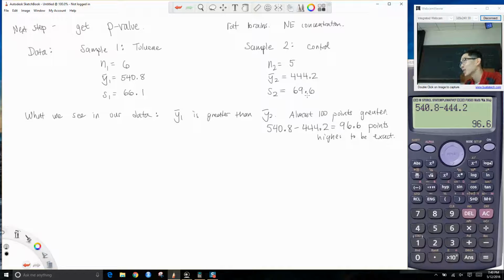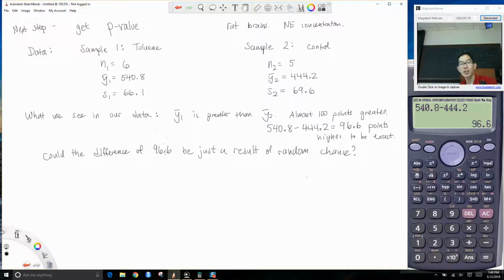That's effectively the question we want to know, right? So could the difference of 96.6 be just a result of random chance?